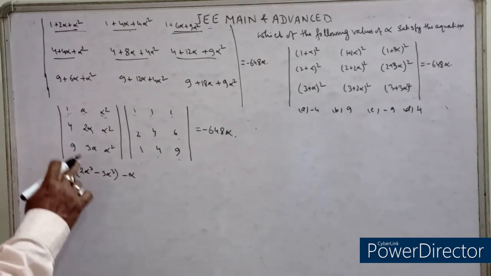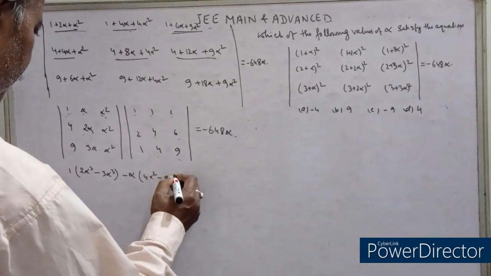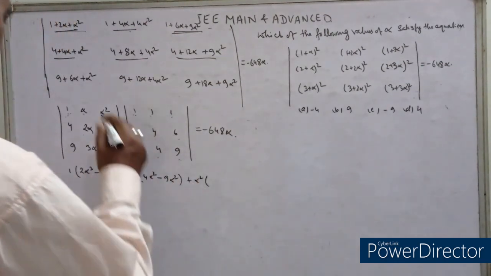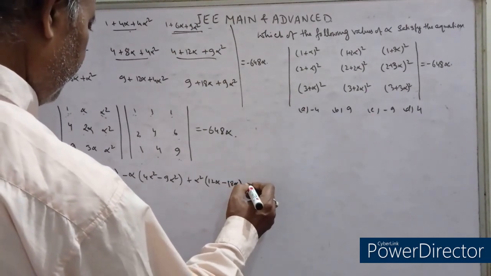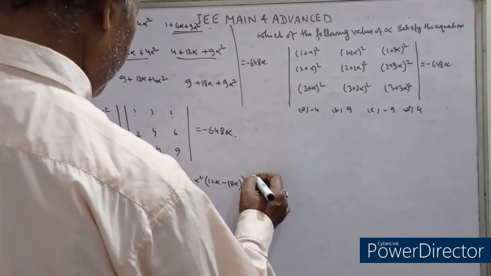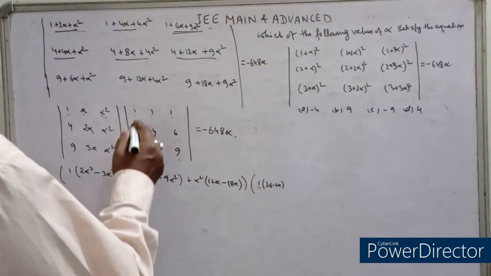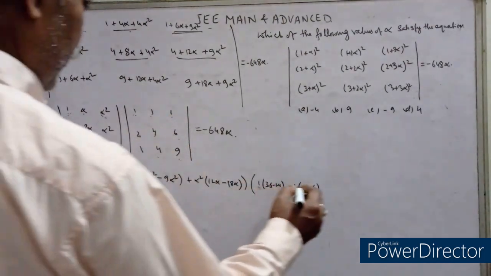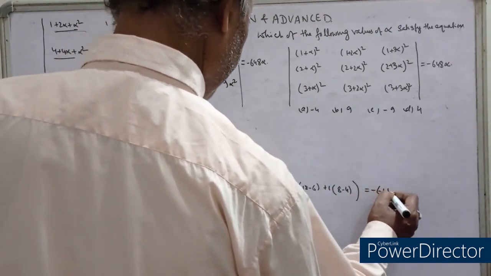So this will be minus alpha, this will be 4 alpha square minus 9 alpha square, and again for this it will be 4, 9 alpha square, this will be 12 alpha minus 9 to the 18 alpha, that is this into this will be 1, 4, 9 are 36 minus 24, and then minus 1, this will be 2, 9 are 18 minus 6, and at the last this will be 1, 8 minus 4, that is equal to minus 648 alpha.